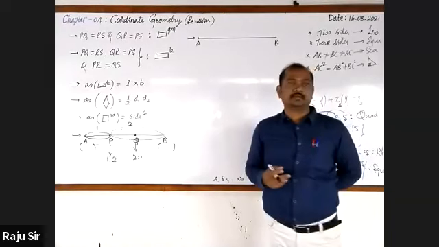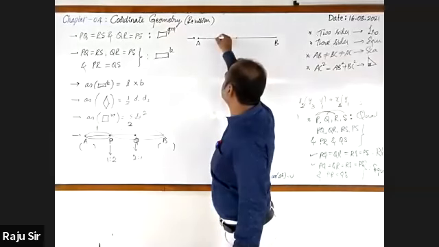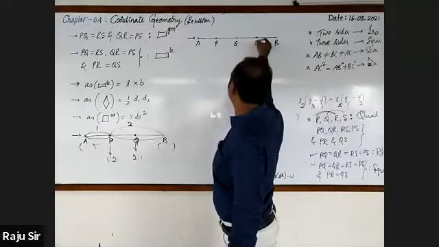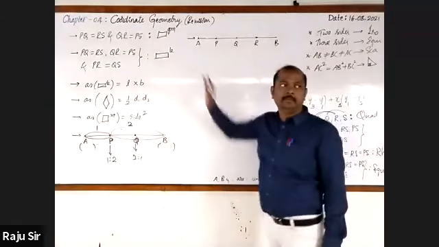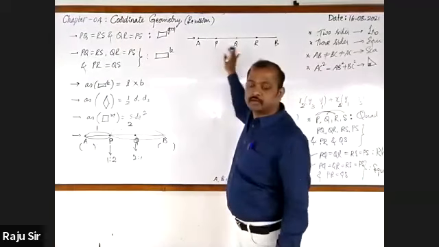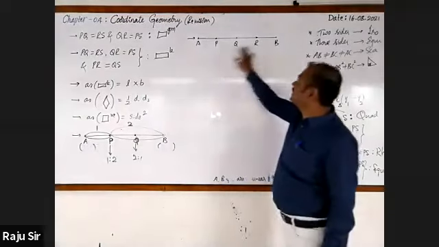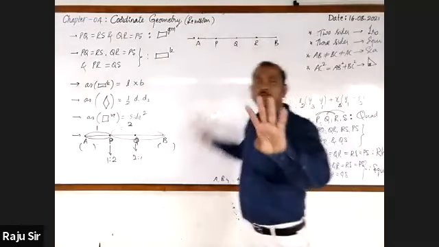Points of quadrisection. I call these points P, Q, and R. These are called points of quadrisection because these 3 points will divide the whole line segment into 4 equal parts.